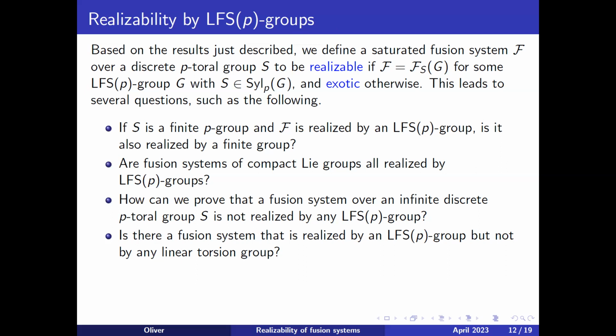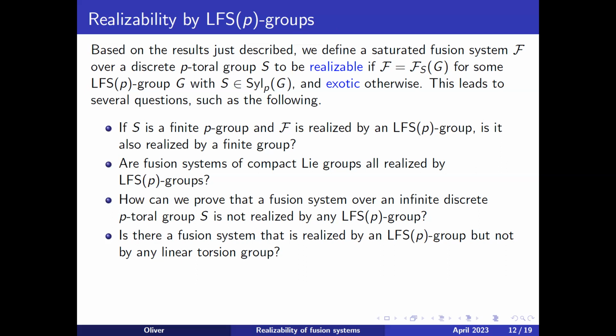How does one prove that a fusion system over an infinite discrete p-toral group is not realized by any LFS of p group? In fact, this was the question that we were asking ourselves when we started on this project, meeting in Barcelona in January. I certainly had no expectation of getting anywhere, but then somehow we asked the right questions, combined the right answers, and it worked.